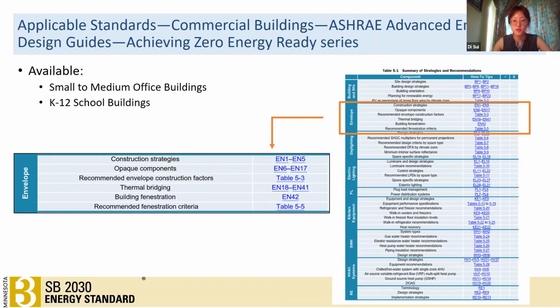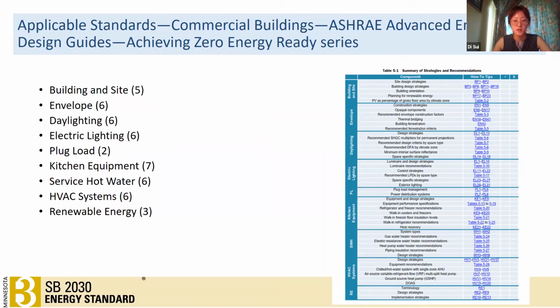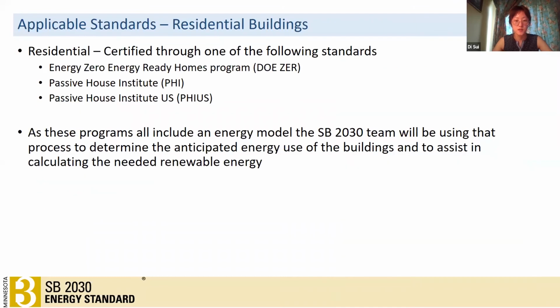There is a table at the beginning of the chapter that lists all the requirements and the locations of the requirement details. Next slide. The AEDG has more requirements compared to NBI and IGCC, but you don't have to follow the additional ASHRAE requirements. Yep, next slide.